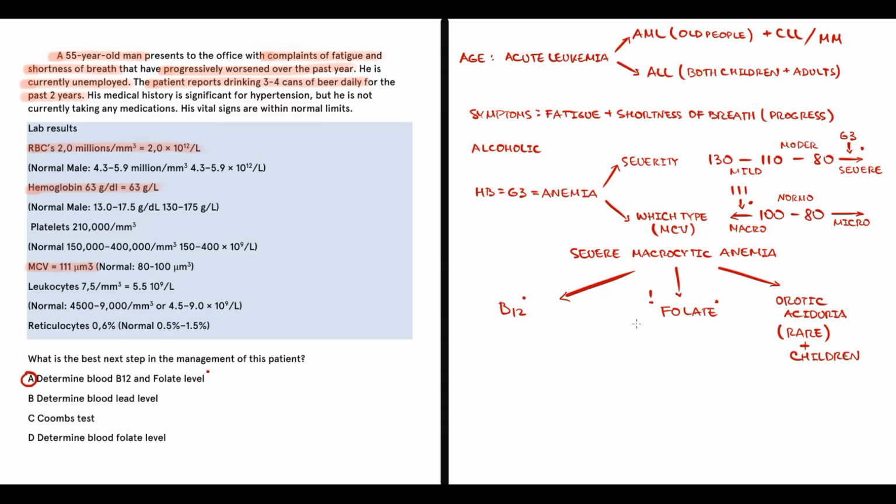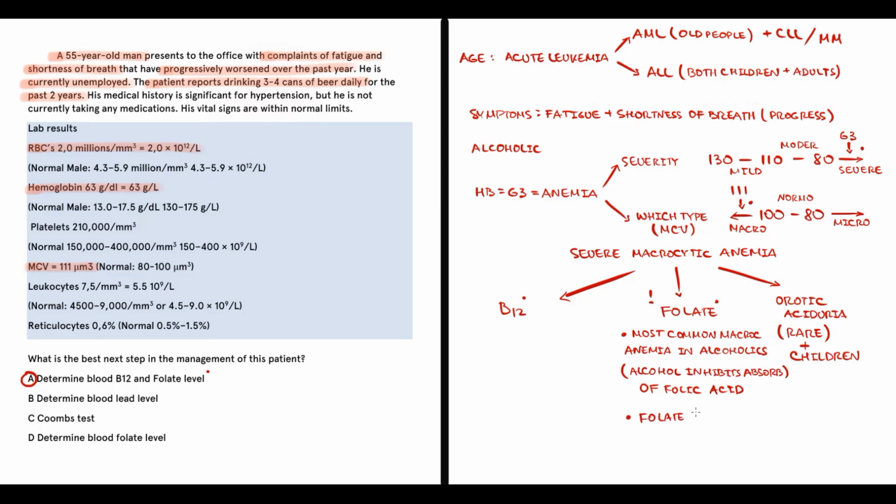But if we have to determine what is the exact cause of anemia, in this case, most probably it will be folate deficiency, and there are a few reasons. The most common cause of folate deficiency is alcoholism. The reason is that alcohol inhibits the absorption of folic acid, and alcoholics, because of limited funds, do not like to waste money on some green leaves if they can invest them into vodka, for example.